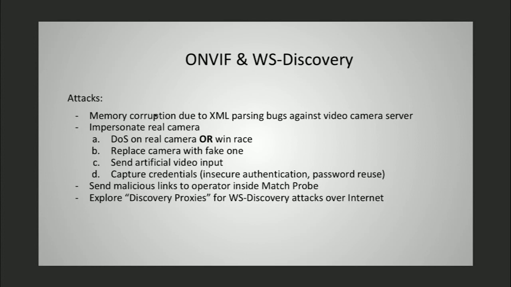And we have seen a lot of these kinds of issues even in enterprise-grade camera servers. So we had a simple Python script where we just replied to this probe request of the server, and we sent a specially crafted XML message that then made the server crash. And you can, of course, refine that even to a remote code execution exploit. Then the other thing you can do is impersonate a real camera.